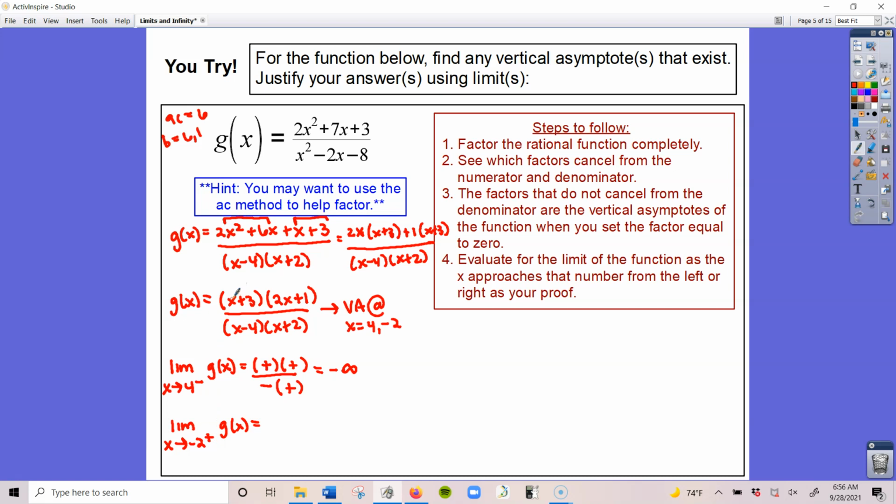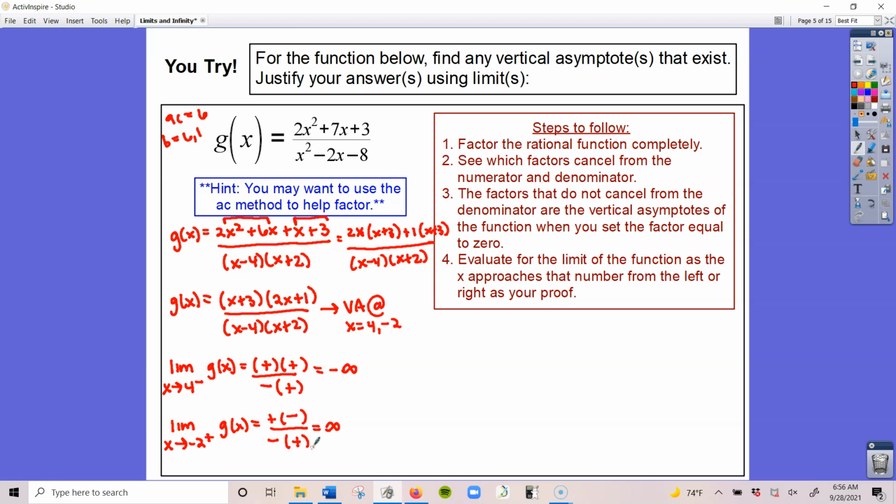So negative 1.9 plus 3 is going to be positive. 2 times negative 1.9 is going to be almost close to negative 4. Plus 1 would be negative. Negative 1.9 minus 4 would be negative, and negative 1.9 plus 2 would be positive. So we have a negative divided by a negative, which gives me positive infinity.